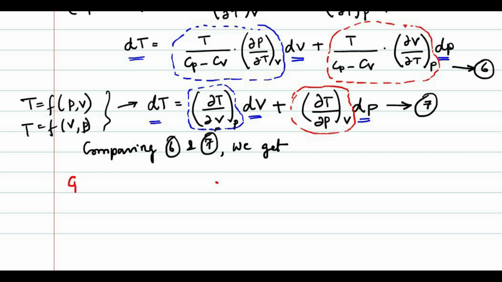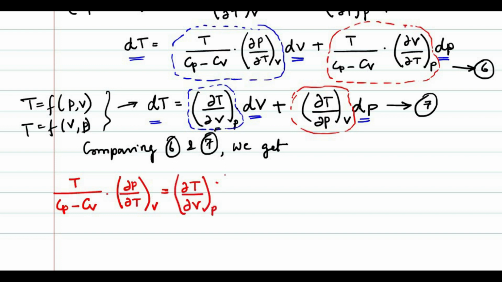So T divided by Cp minus Cv into dou P by dou T at constant volume is equal to dou T by dou V at constant pressure.